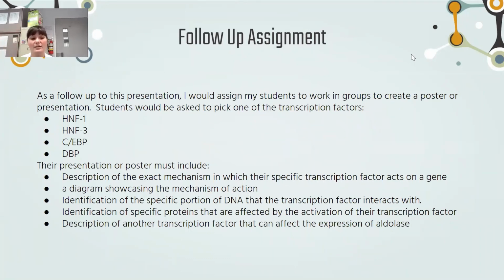So after that, if I were to present this to students, I would want them to walk away with something to do after the presentation. As a follow-up, I would assign my students to work in groups to create a poster or a presentation themselves about one of those transcription factors that we had just talked about. I'd want them to pick one and describe the exact mechanism in which that specific transcription factor is going to act on a gene, with a diagram showcasing that mechanism, as well as an identification of the specific part of DNA that that transcription factor is going to interact with.